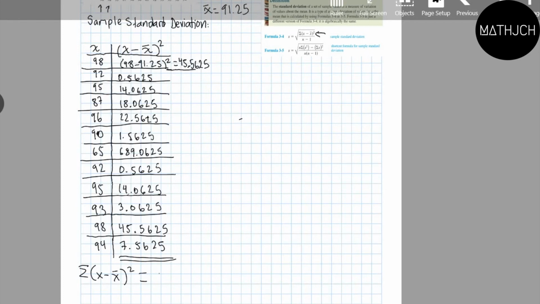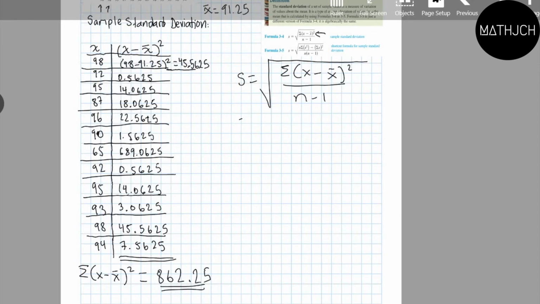The total comes out as 862.25. I'm going to double check this again. After double checking, we indeed get the same answer. So let's follow the formula. The standard deviation is everything under the square root of the sum of x minus x bar, power 2, divided by n minus 1.